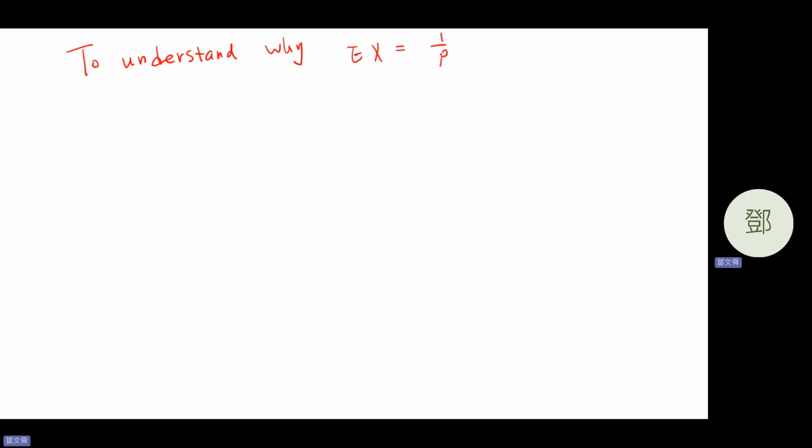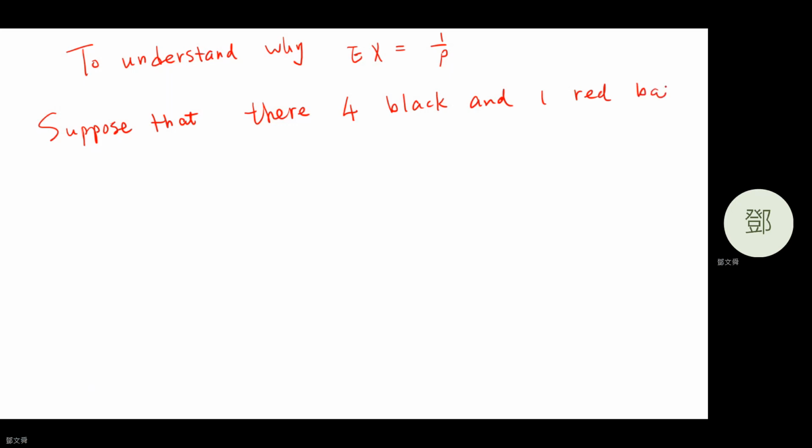Now suppose there are 4 black balls and 1 red ball in a bag.